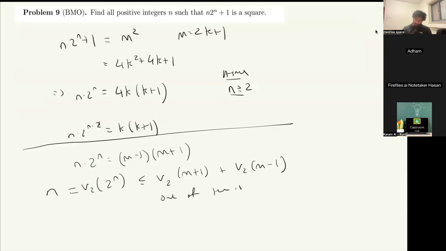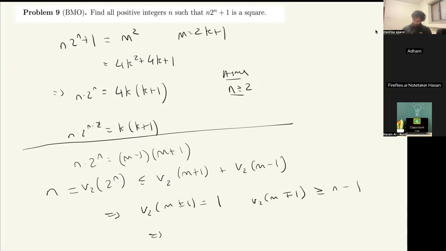It tells us that we can conclude this, right? Yes. Okay, great. And then I think we can conclude that m is bigger than or equal to 2 to the n minus 2.